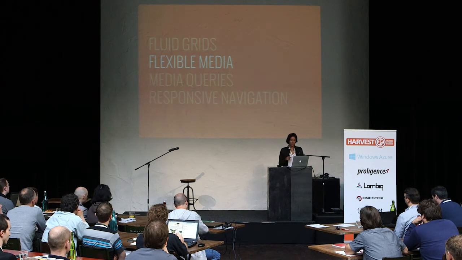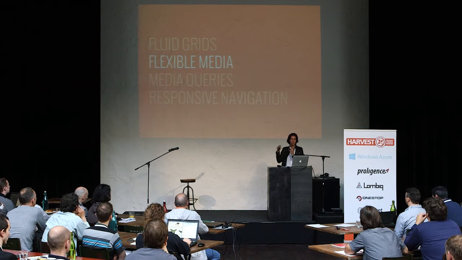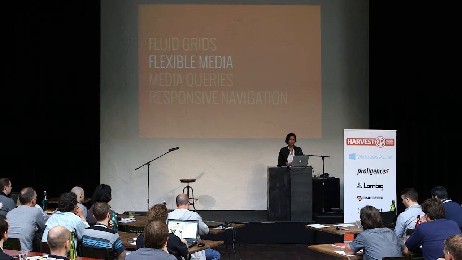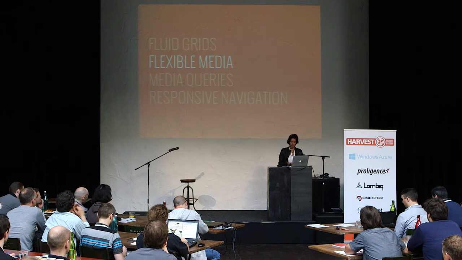But for a website to be responsive, grids are just not enough, right? So in the demo, you saw that, okay, I have my columns now, they stack up, but there is a lot of other content that just didn't adjust. And one very important thing is actually flexible media.